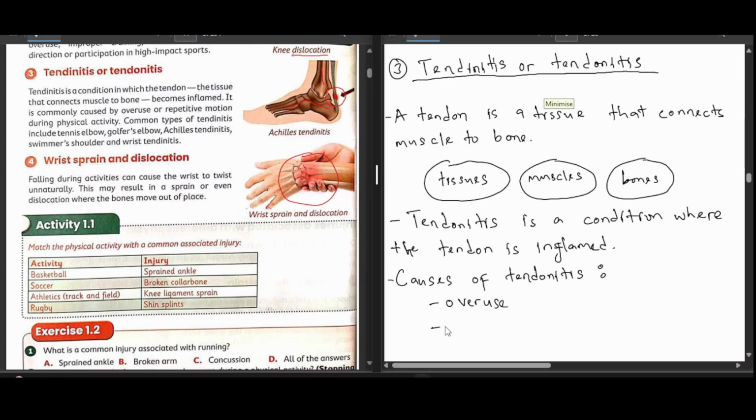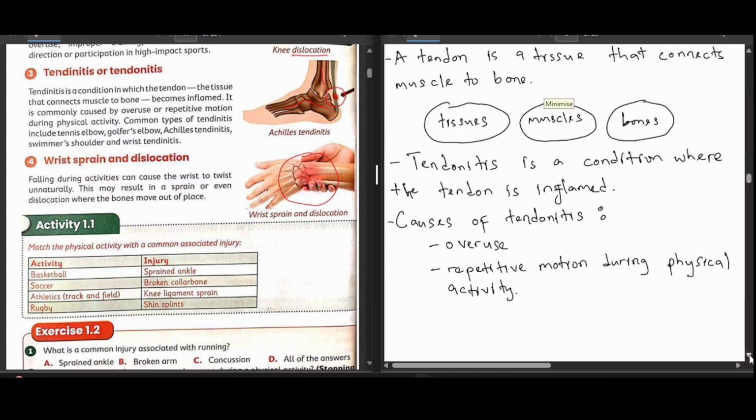Then secondly, we talk about repetitive motion during physical activity. So we are running, playing sports, ball and so on. But we are continually and repetitively using a certain muscle. That in itself is going to cause tendonitis, where tendons are inflamed.